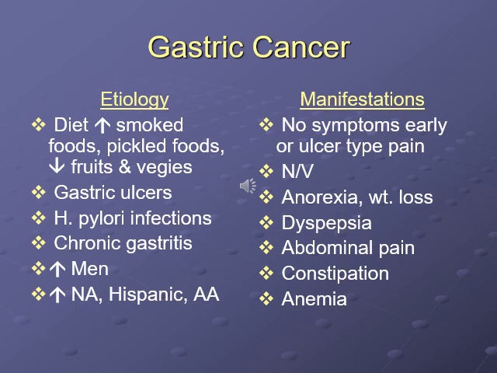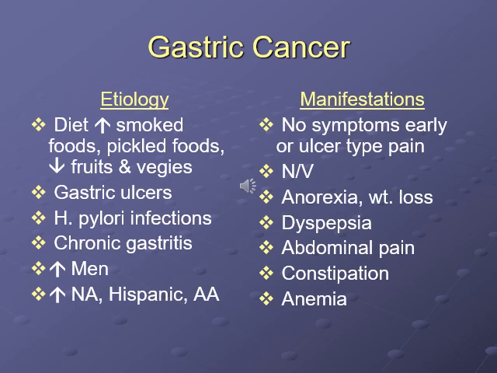Again, sometimes it can be just more of a genetic predisposition for this type of cancer as well. 2 times more common in Native American, Hispanic, and African American than a Caucasian person. And usually age 40 to 70 is more of the age group that you'll see gastric cancers.